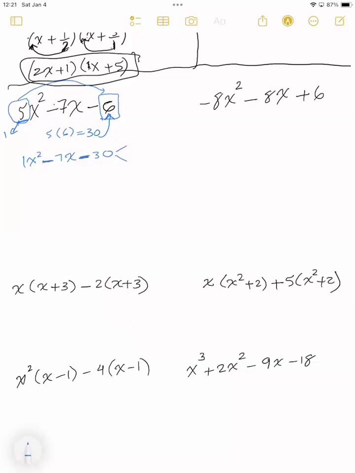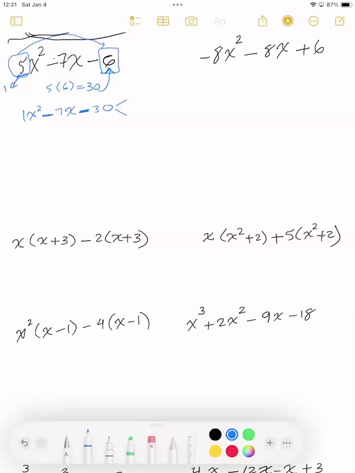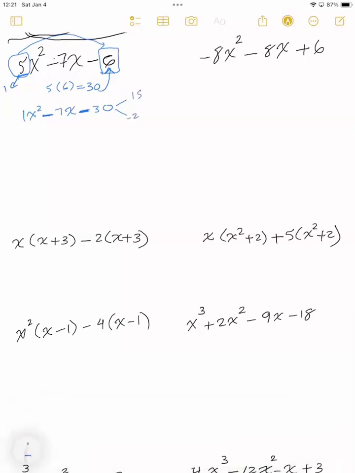So I know one of the factors must be negative. So 1 and 30 doesn't work because if I add them, I get 29. If I make this one negative and this one positive, it doesn't work because if I add them, I get negative 29. What other factors are there for 30? For negative 30, I can put also negative 2 and 15.